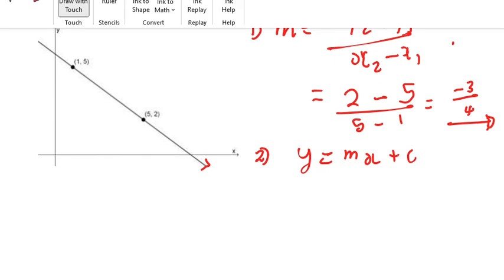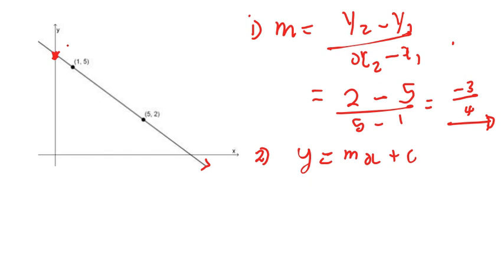What do you mean, Mr. Thwala? It means this point we don't know what it is, so we can't just have a value of c. But so far our equation has negative 3 over 4 as our gradient, x plus c. Then what do you now need to find?